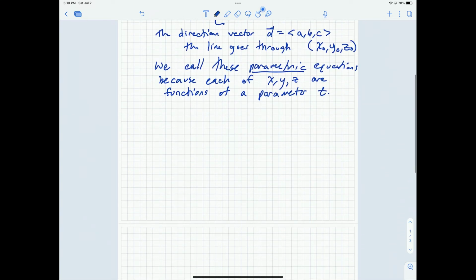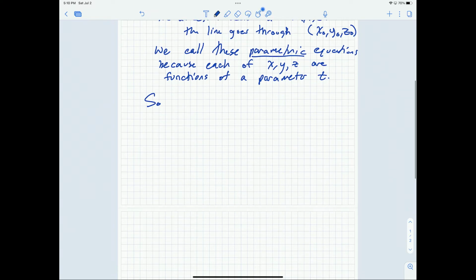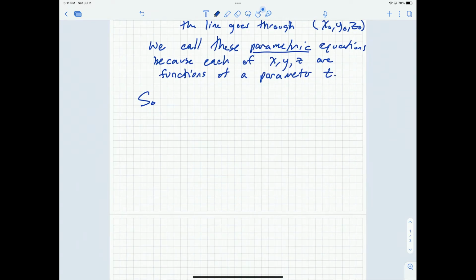So any curve, well, not any curve, I should say, but if you have parametric equations of a curve, it will look broadly similar to this.